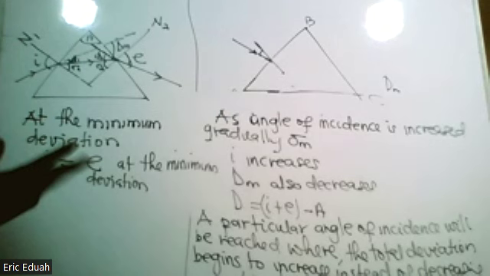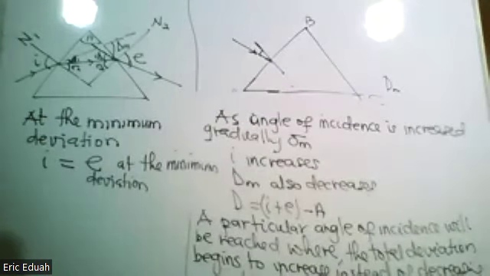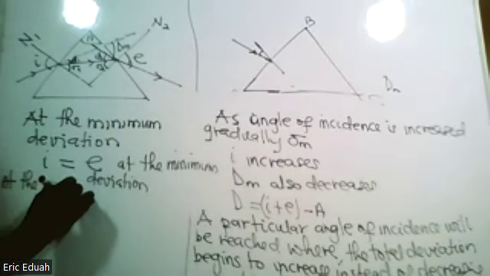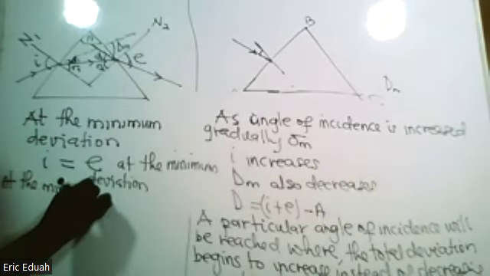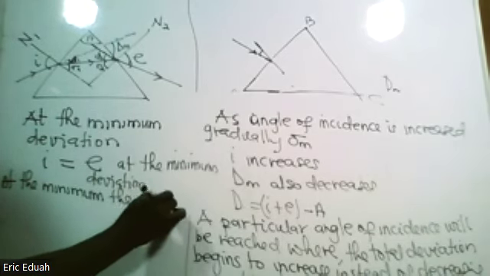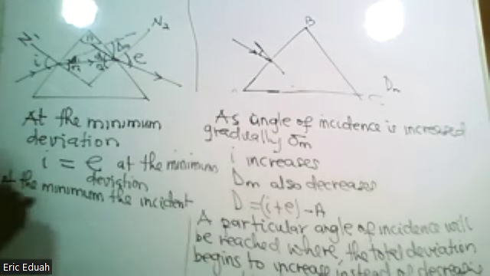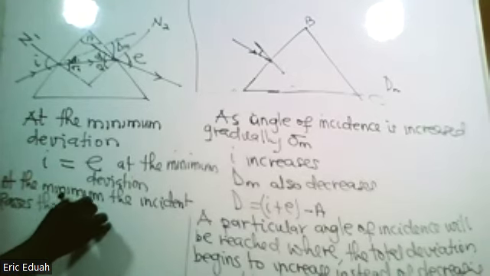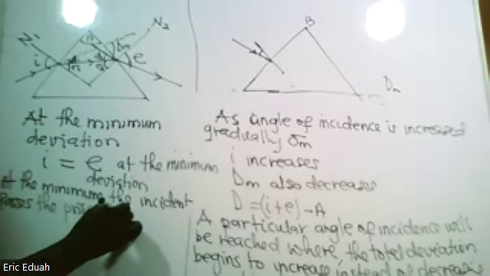Take note of the key terms. At the minimum deviation, the incident ray passes through the prism symmetrically.